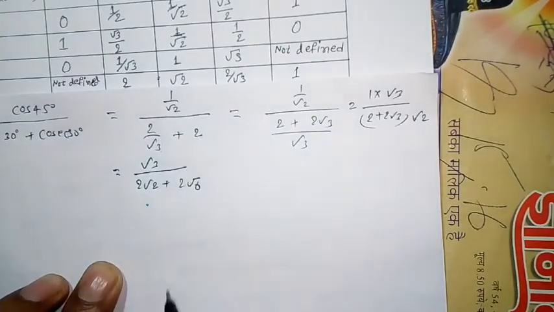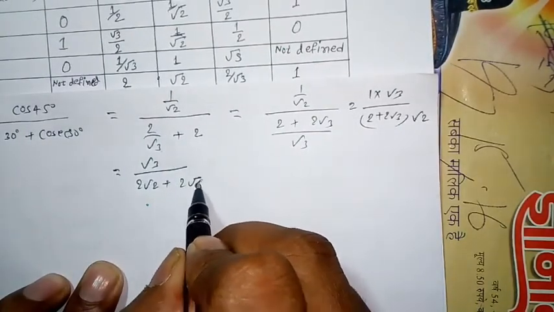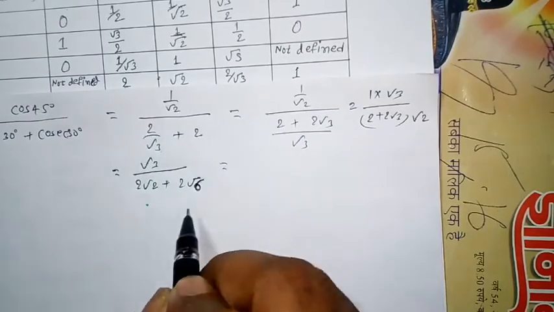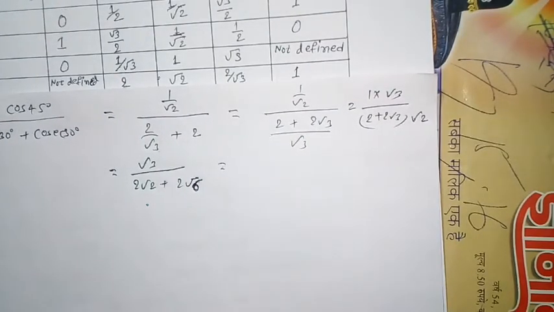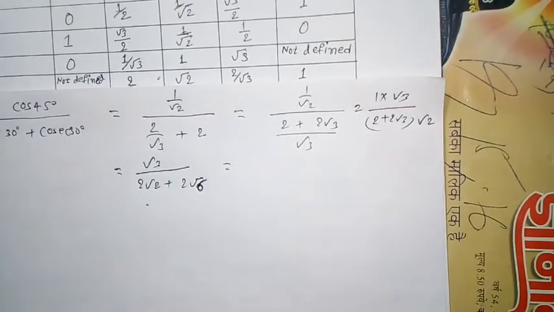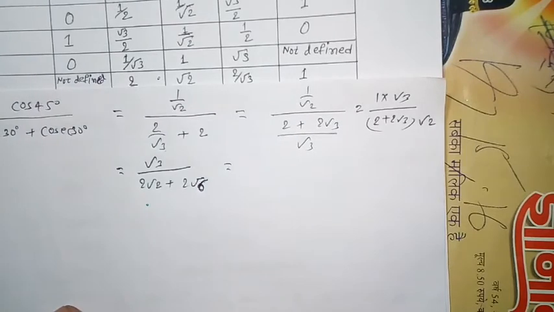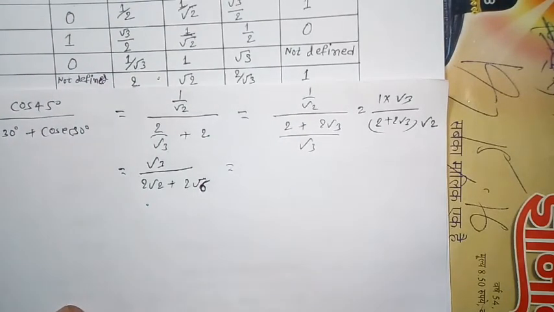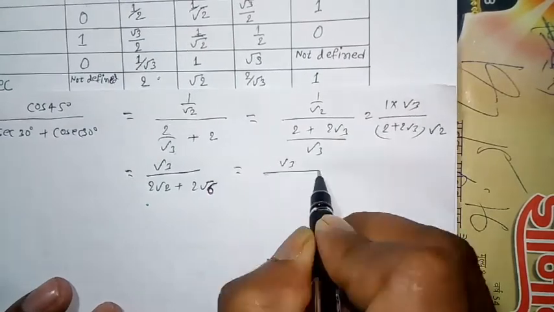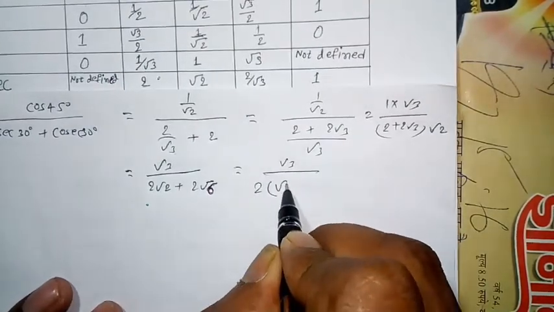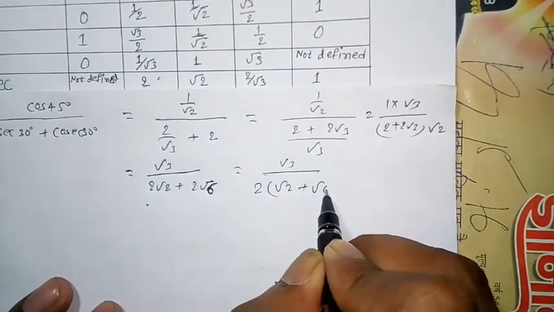Now root 3 by 2 is common, then root 2 plus root 6.